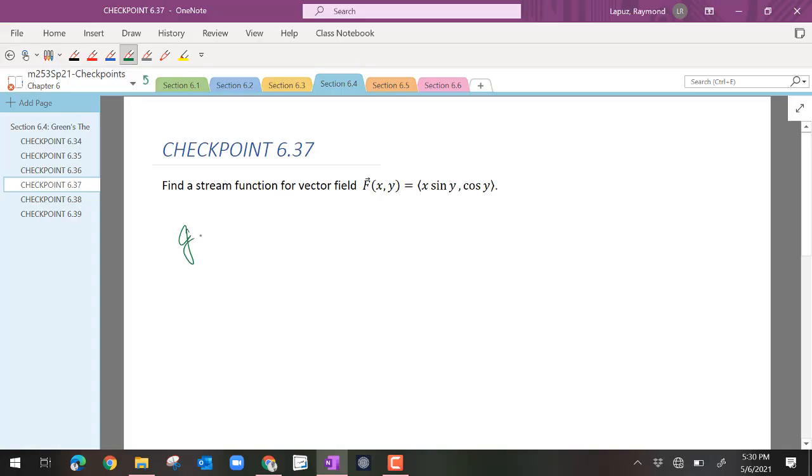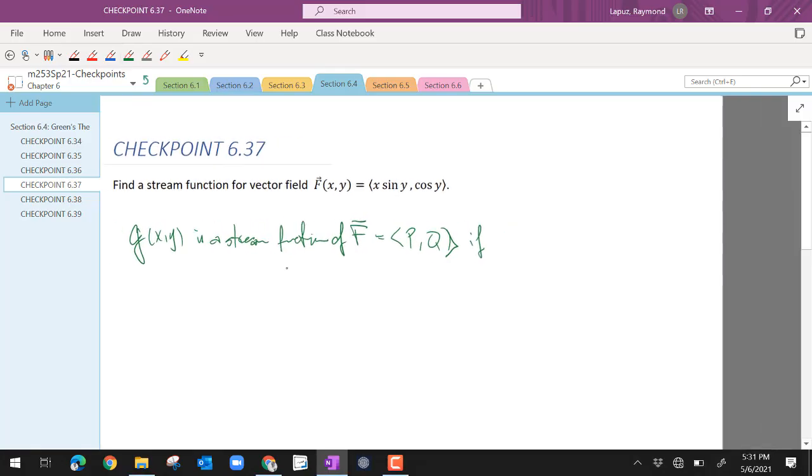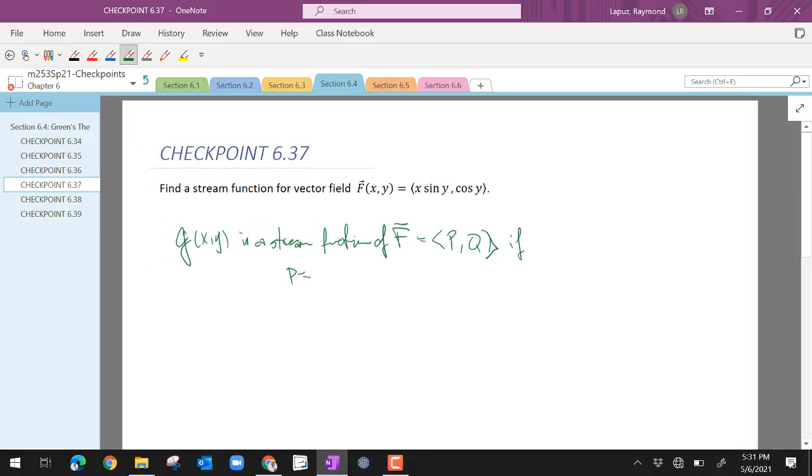We can say that g of x, y is a stream function of a vector field F, and let's put some components for F: P, Q. If P is equal to the derivative of g with respect to y, and Q is the derivative of g with respect to x, except negative.